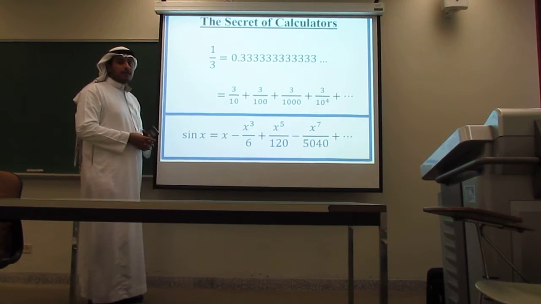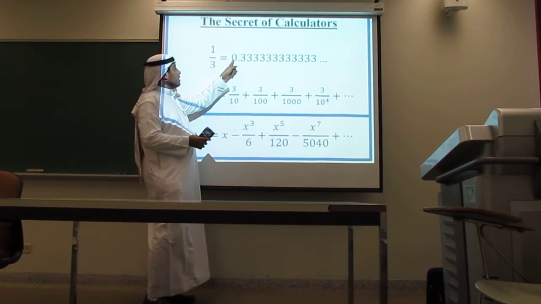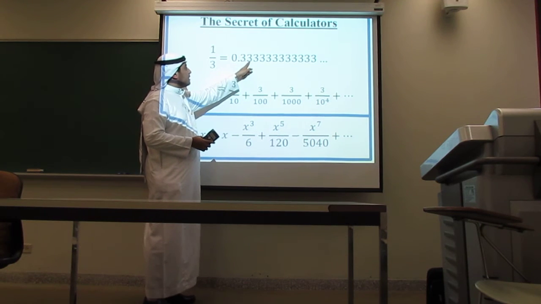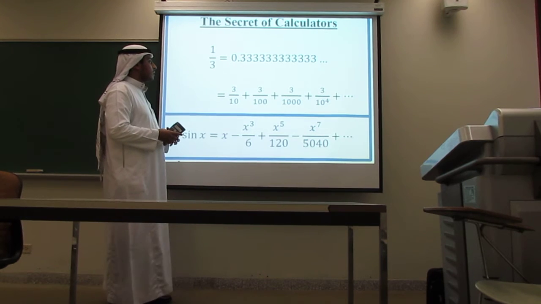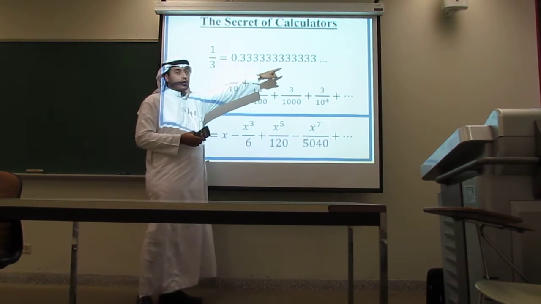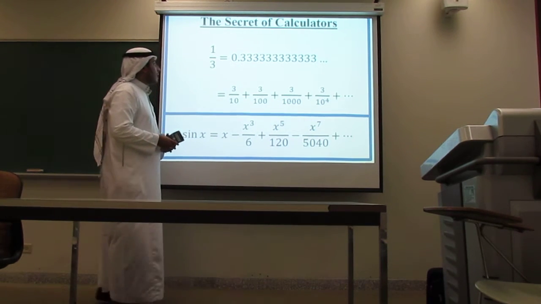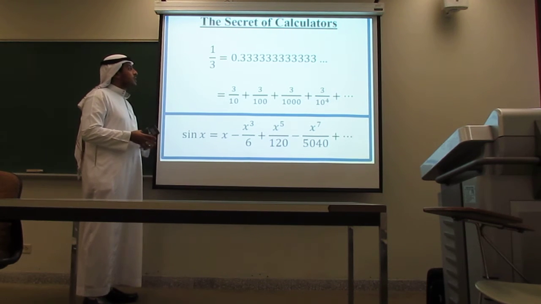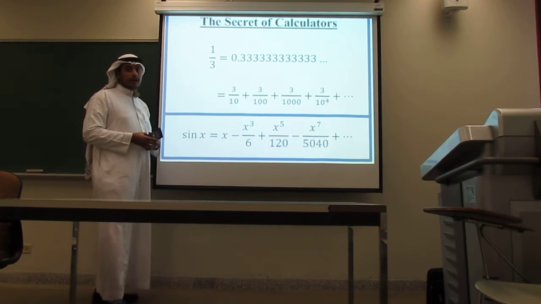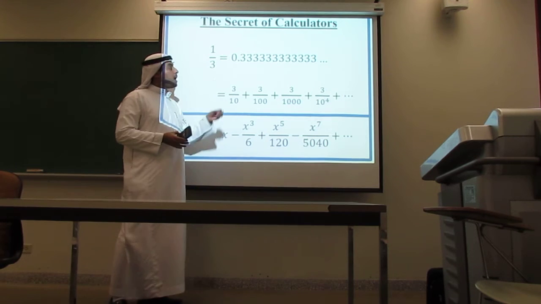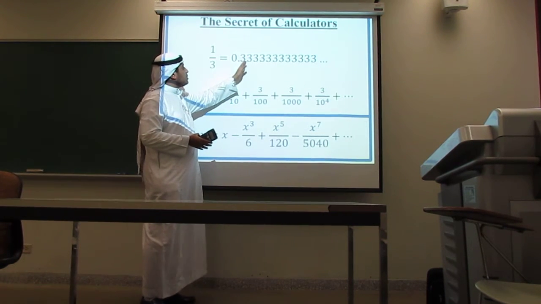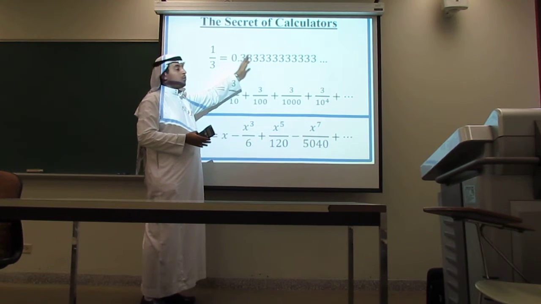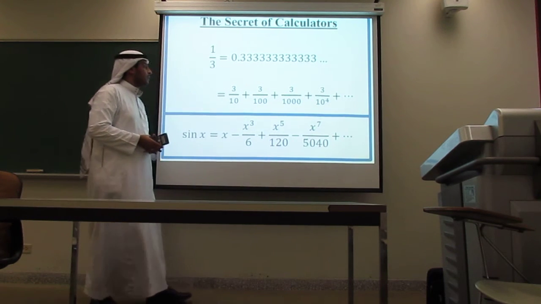The exact third is written as 0., and we keep writing 3 infinitely many times, but we cannot do that, so we put 3 dots at the end. In computation, if we want to use one third, we approximate this number, and the more digits we take on the right-hand side, the more accurate the number is.